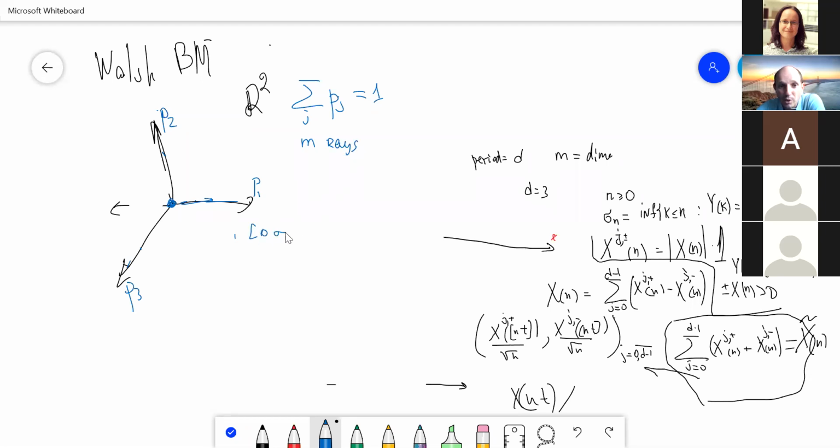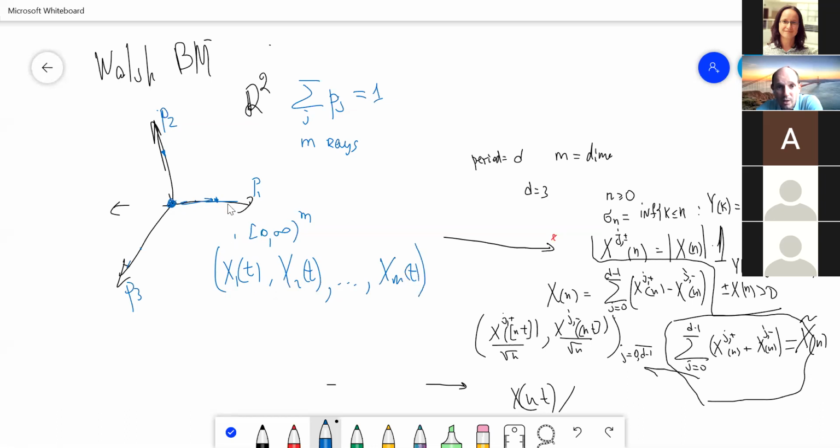Let's consider a process on [0, infinity) to the power M. Okay, x1 is the distance from your process to 0, if you are on the first ray. x2 is the distance from the point on the second ray to 0, and so on, xm of t.